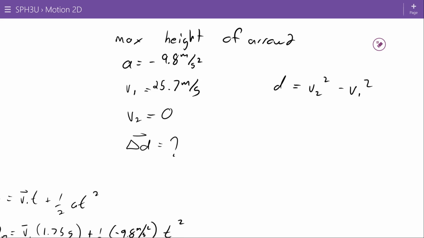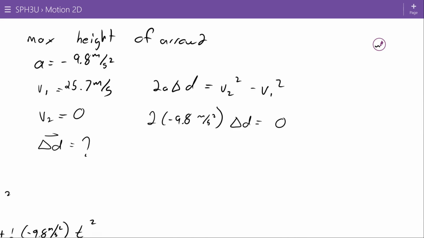I guess I can write that as delta D to be consistent. 2 times negative 9.8 meters per second squared, delta D is equal to my V2 squared, which is 0 squared if you want, minus 25.7 meters per second squared. So this is negative 19.6.